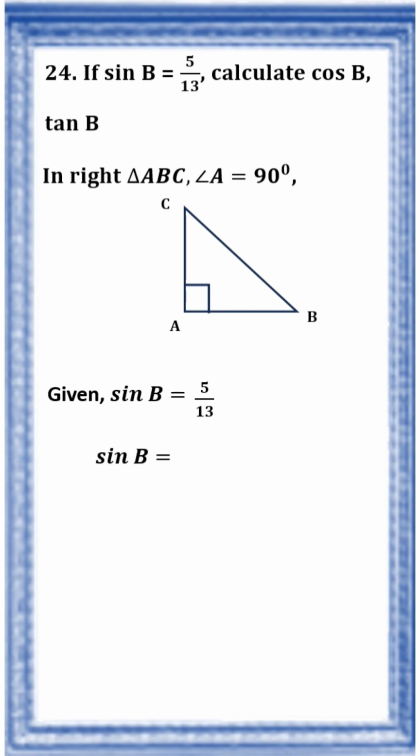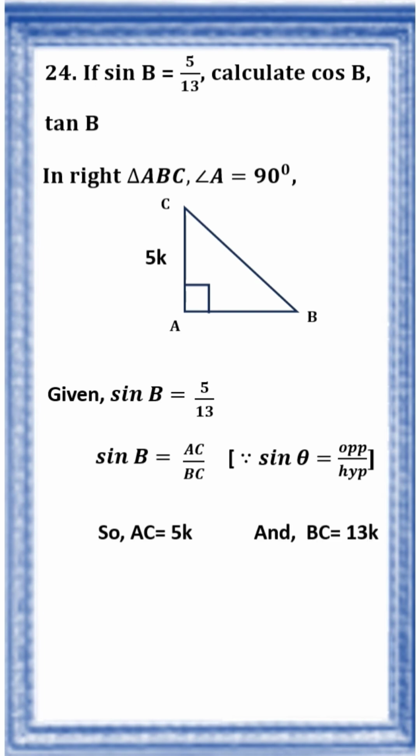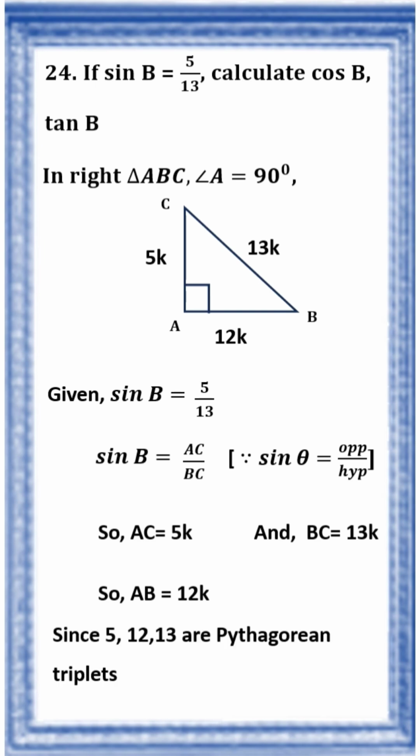Sin B is equal to opposite by hypotenuse, means AC by BC, because sin theta is opposite by hypotenuse. So AC is equal to 5K and BC is equal to 13K. So AB is equal to 12K, since 5, 12, 13 are Pythagorean triplets.